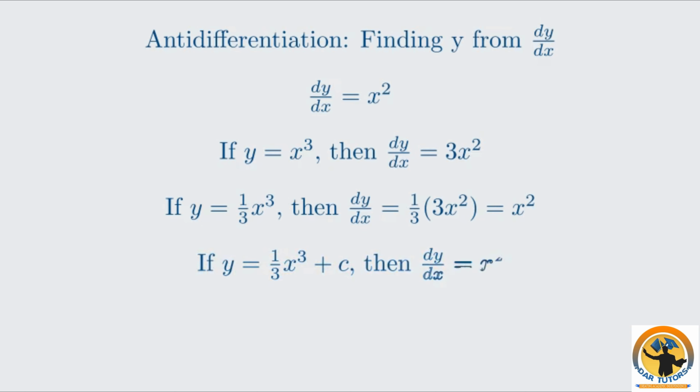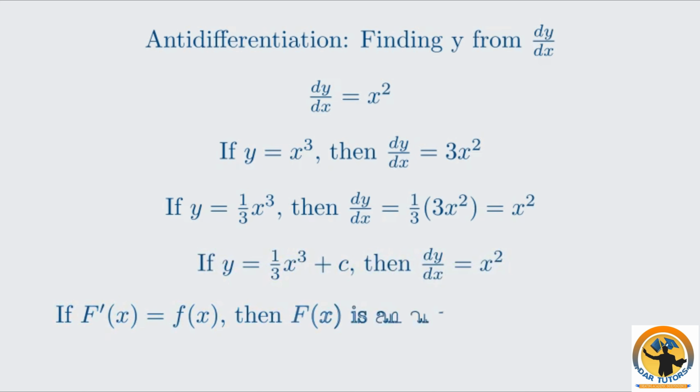This is because the derivative of any constant is 0. This constant c is called the constant of integration. When we find an antiderivative, we must always include this constant. We say that F of x is an antiderivative of f of x if the derivative of F of x is f of x. The simplest antiderivative is the one where the constant of integration is 0.